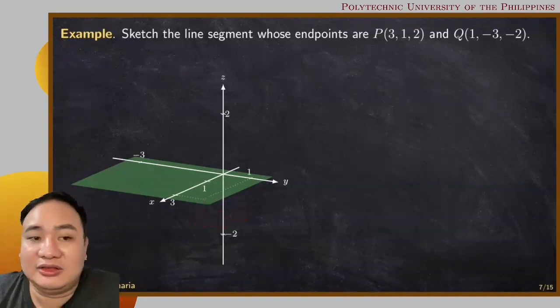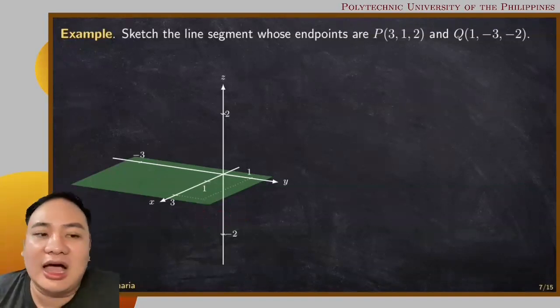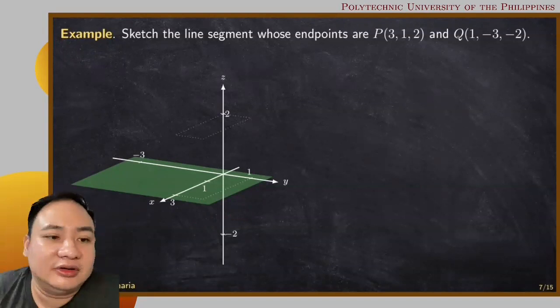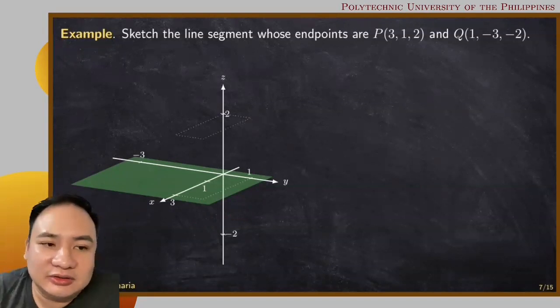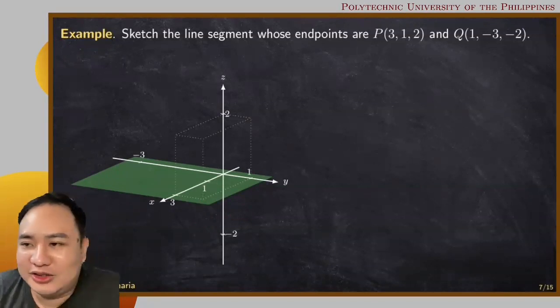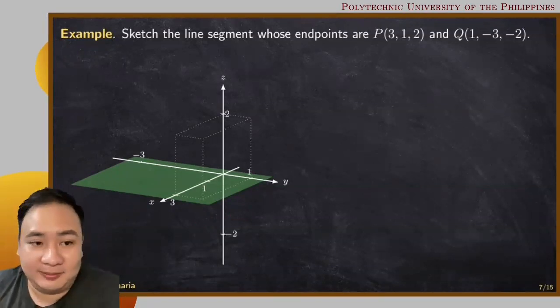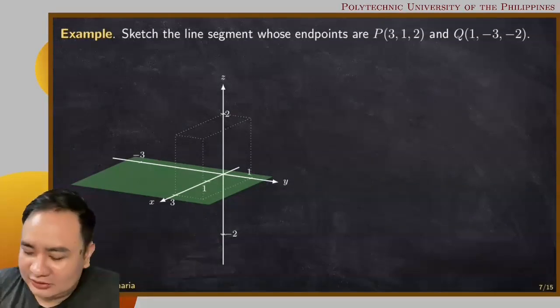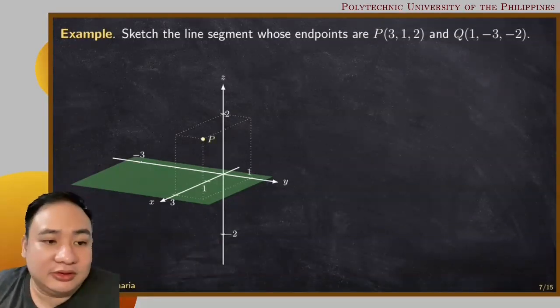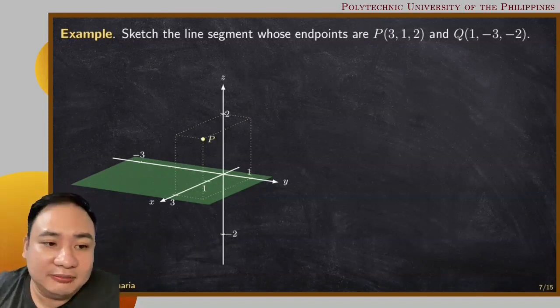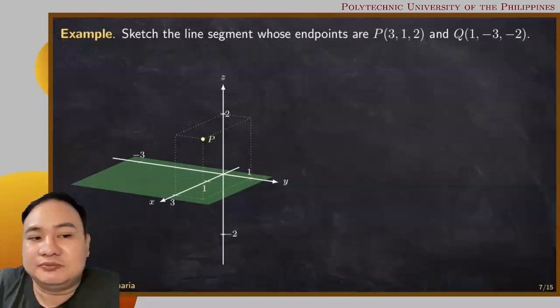But if I want 3, 1, 2, anong gagawin? Ulit, aakyat ka ng 2 floors upward by simply copying the rectangles there. Nakuha niya? Kailangan medyo magaling kang mag-drawing. Kung hindi naman, it doesn't matter. Basta alam mo yung konsepto kung nasaan. So, nasaan yung 3, 1, 2? There. Nandun yung point na P. Drawing na natin to kanina.